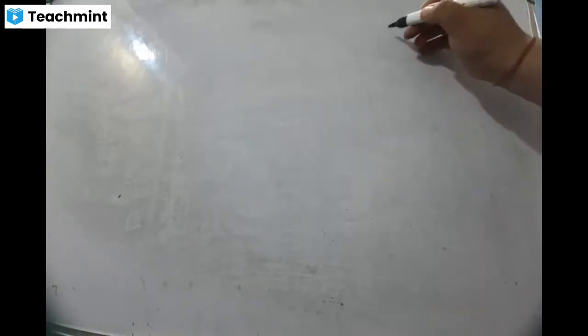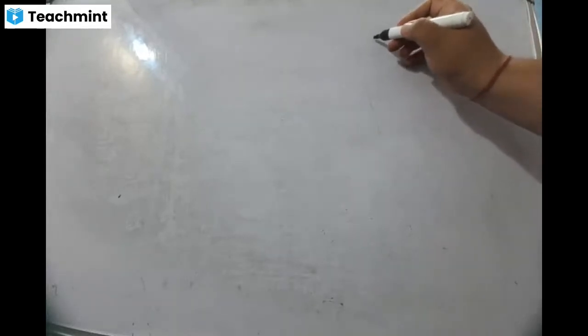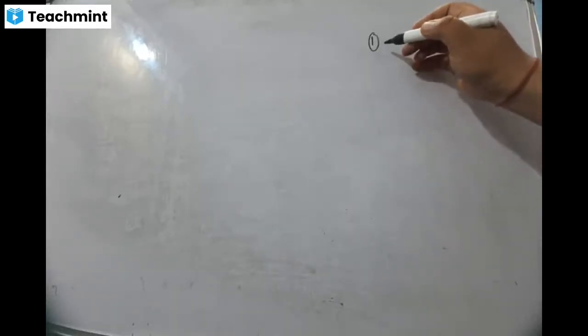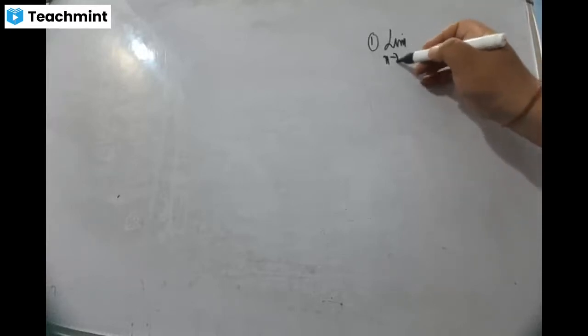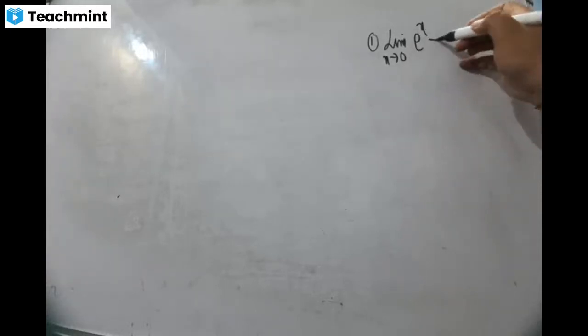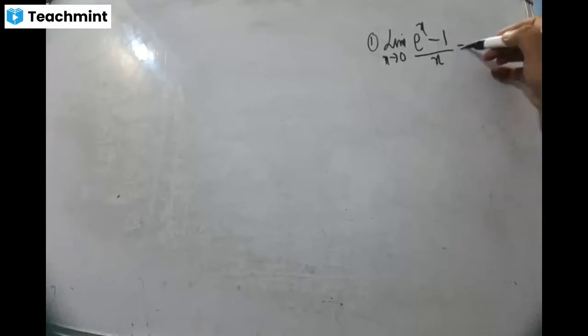Look at the board, everyone. So I'll just write down the properties for you. I will send you the properties also in the group. So the first property is, limit x tends to 0, e to the power x minus 1 divided by x is 1.